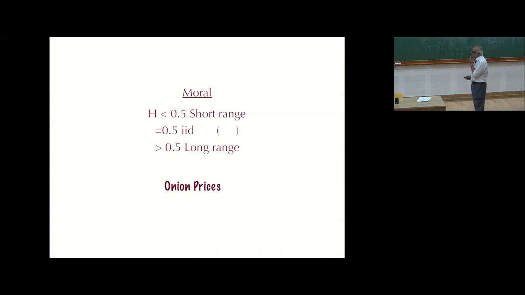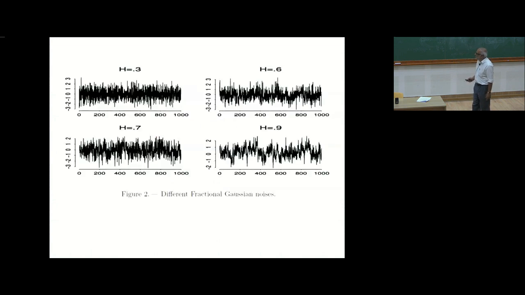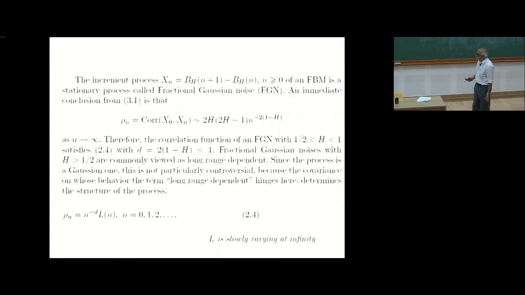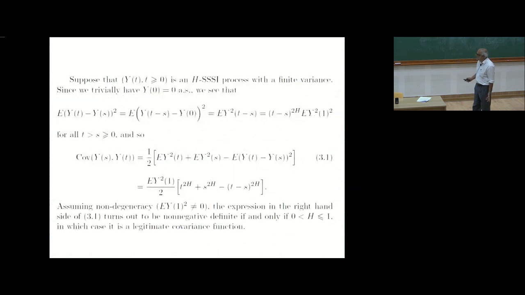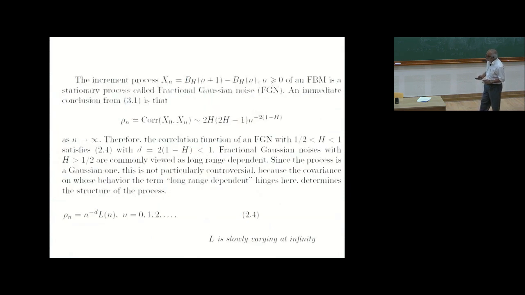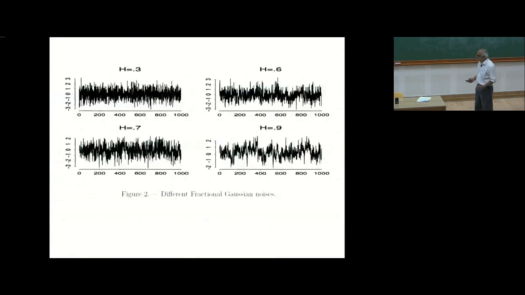On the other hand, if it is bigger than 0.5, it has long range memory. This h comes from looking at the correlation of the process, and we want correlations that don't decay exponentially fast. Fat tails with memory; that is what this exponent measures.